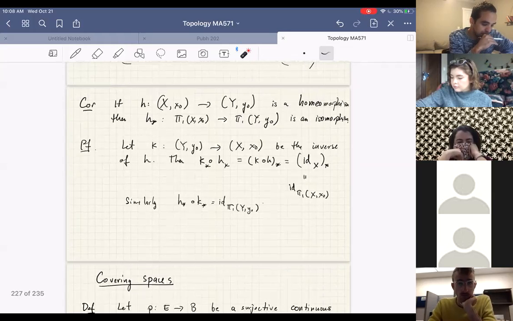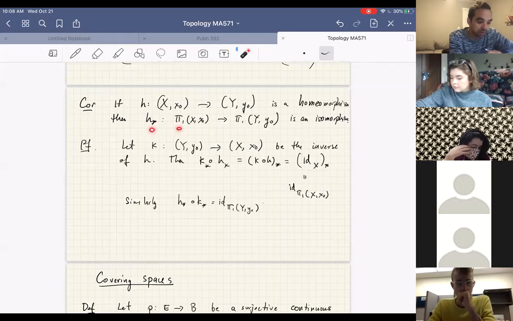So a corollary of the above claims is that if you have a homeomorphism between spaces, let's call that H between X and Y, then the induced map at the level of fundamental groups is an isomorphism.